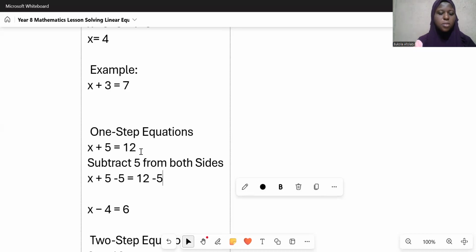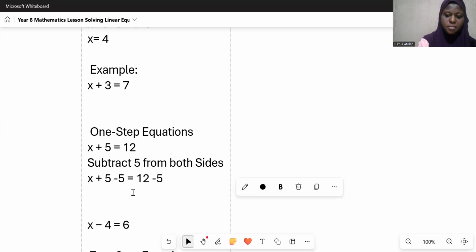So with this, X plus 5 minus 5 gives us only X. So we have X equals 12 minus 5, which is 7. So X equals 7. Good. So now let's look at the second example.